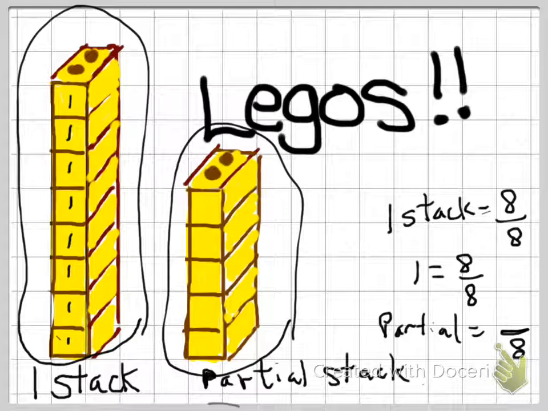So count with me again. 1, 2, 3, 4, 5. Okay. So in one whole stack we have 8 out of 8, and in one partial we have 5 out of 8. Now you guys, we could end up building something really cool, so stay with me. This is really important. We're going to go to the next page.